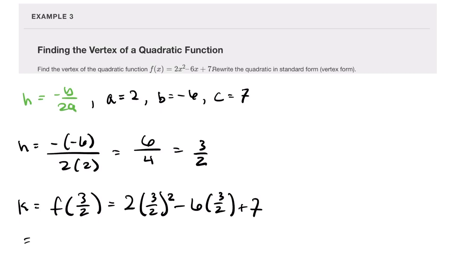That's 9 over 4, which becomes 9 over 2. 6 divided by 2 is 3 times 3 is 9, plus 7. 9 over 2 is 4.5. Minus 2 is 2.5, which is the same as 5 over 2.